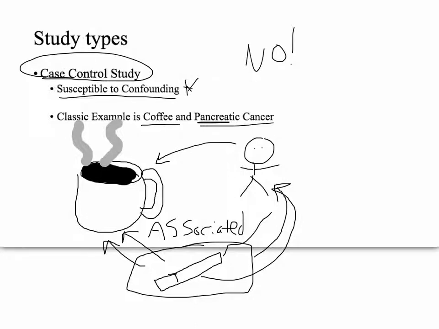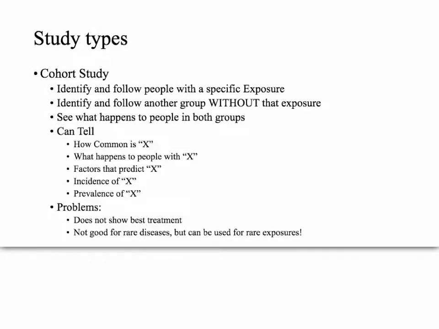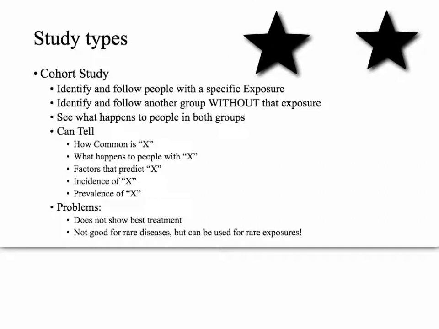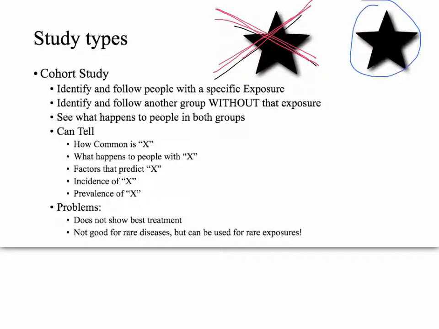The next one is a cohort study, and the way I'm going to explain that is we're going to say that we have an exposure to some incident, and then we're going to have people that did not get the exposure. Let me change the color on that. So people that did not get the exposure, and then people that did get some kind of exposure. Let's say it's radiation.